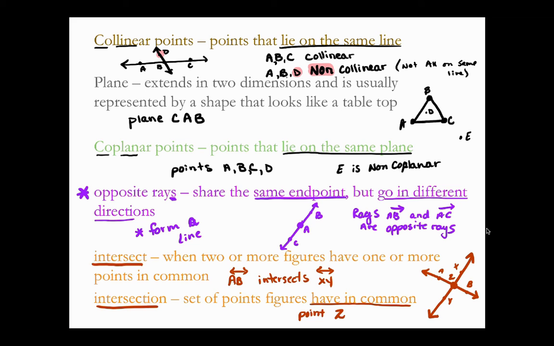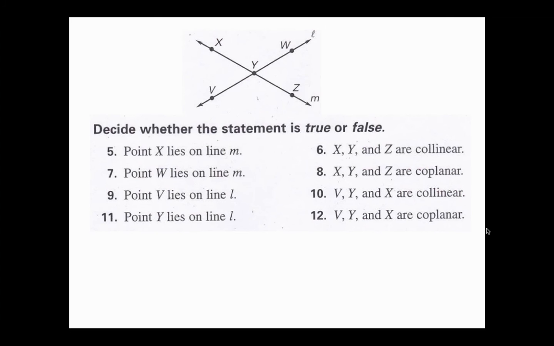Okay, now that we have our vocabulary, we're going to start looking at our examples. So we have this picture of a set of intersecting lines, and we're going to answer with true or false.